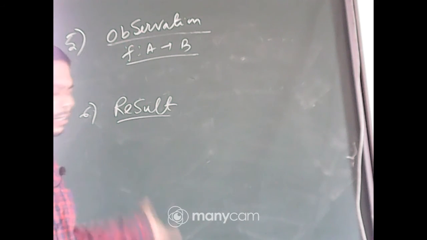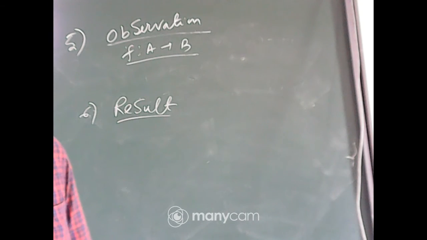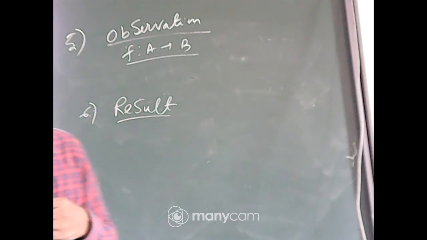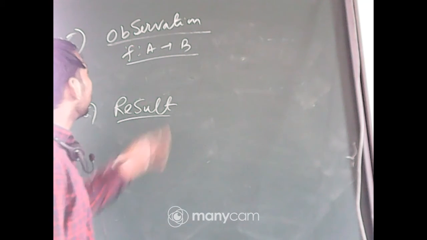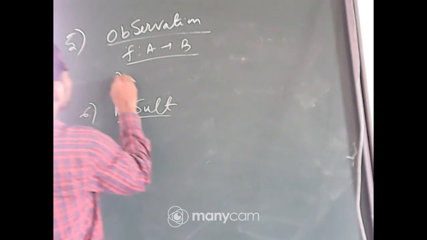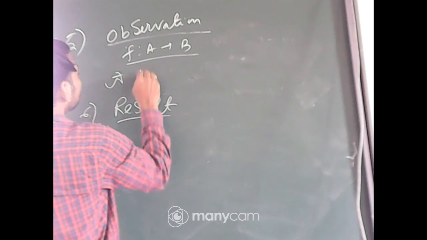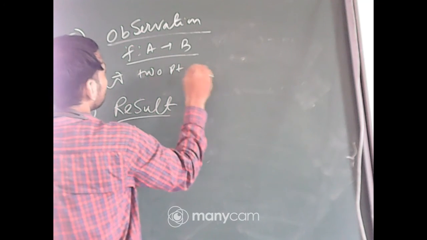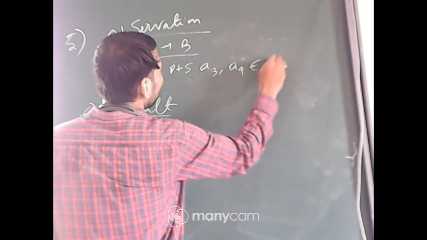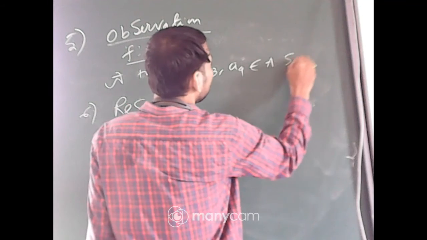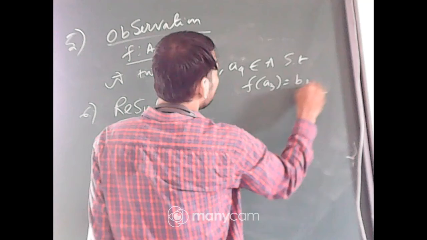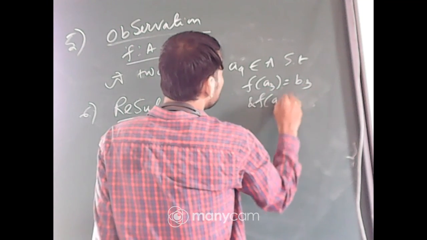After writing the observation you may write that there exist points a3 and a4 belonging to A such that f of a3 equals b3 and f of a4 equals b3.